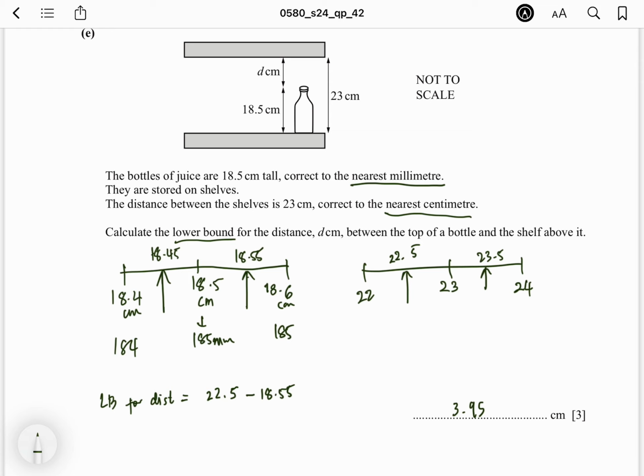Three marks for that one. Partial mark. Okay, partial mark. Kalau kamu find the upper bound and lower bound for both 18.5 and 23, you get 1 mark. All that effort for 1 mark.